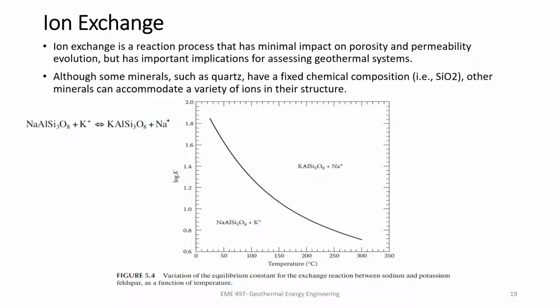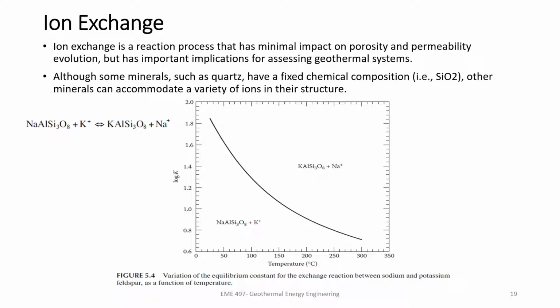The relationship between the end members can be written as an exchange reaction with a potassium and sodium ion. In figure 5.4, the log of the equilibrium constant for the exchange reaction is plotted as a function of temperature. The large variability of log K over a relatively small temperature interval raises an important point.